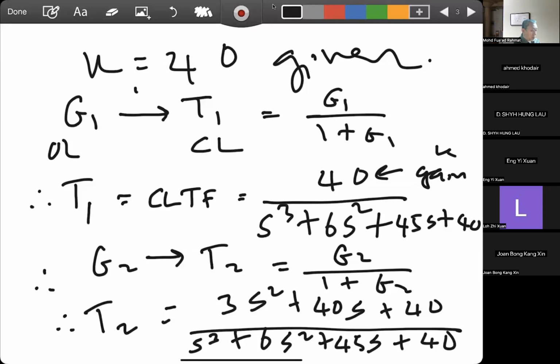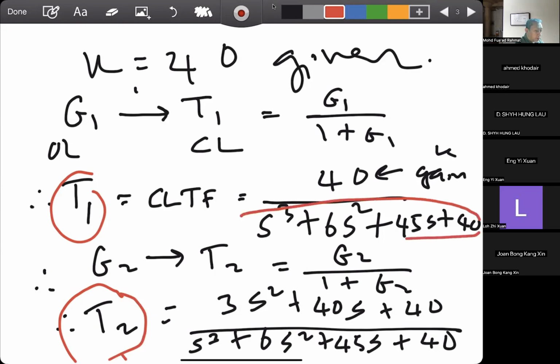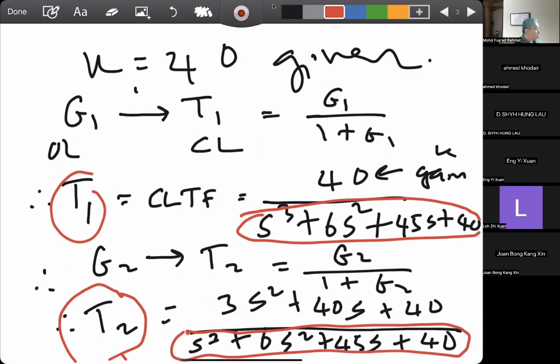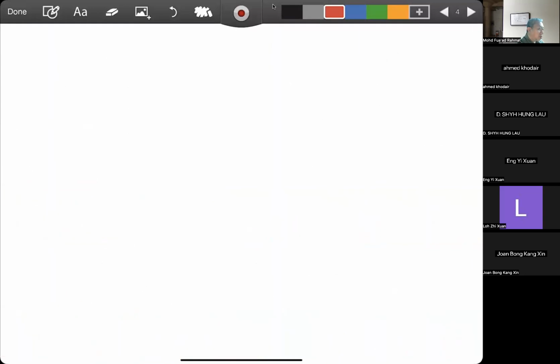So what can you say here? What are the observations? We observe T1 and T2. You can see that the characteristic equation is the same. Am I right? Yes, it's the same. And when the characteristic equation is the same, it means the closed loop poles are also similar, and both are third order systems. So you can write your observation.